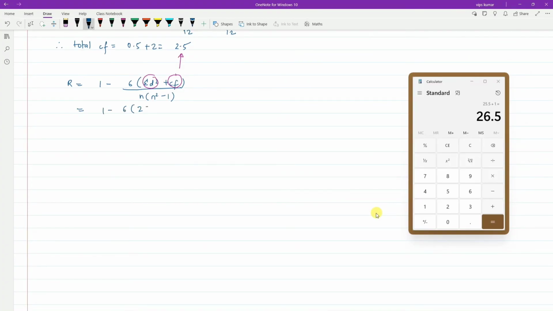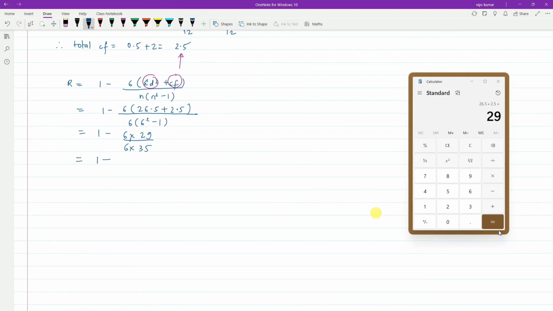We'll substitute all this in the stated formula, and we will get 1 minus 6 into 26.5 plus 2.5 divided by 6 into 6 square minus 1, and that is 1 minus 6 into 29, since 26.5 plus 2.5 is 29, and in the denominator we have 6 into 35.